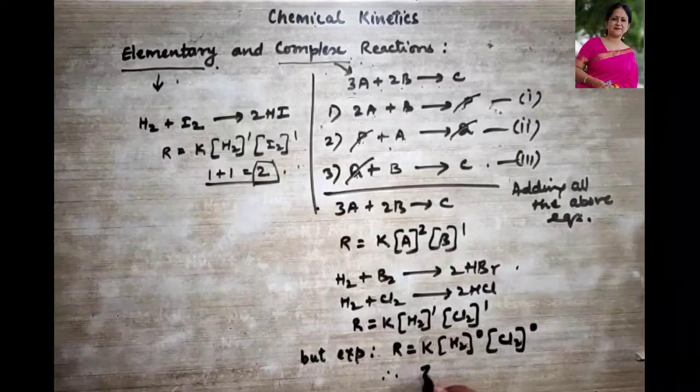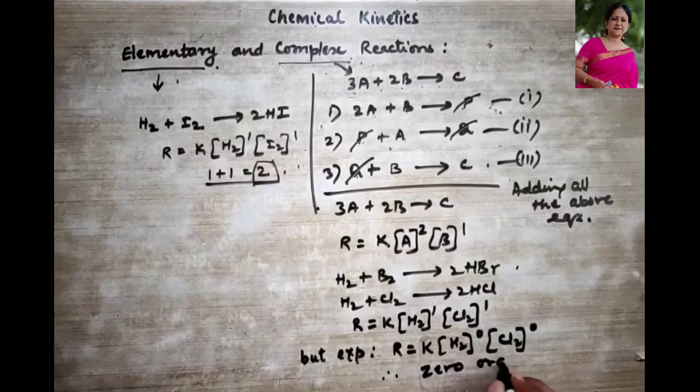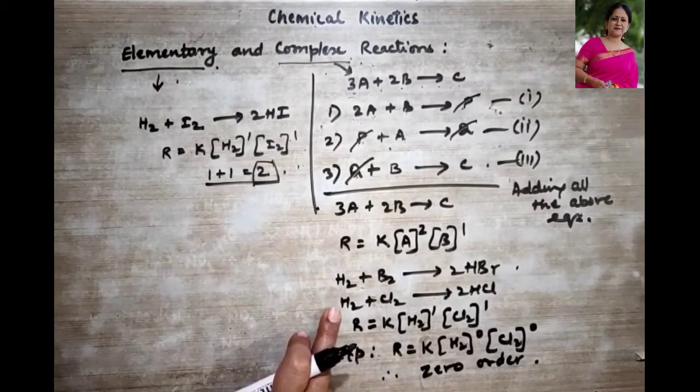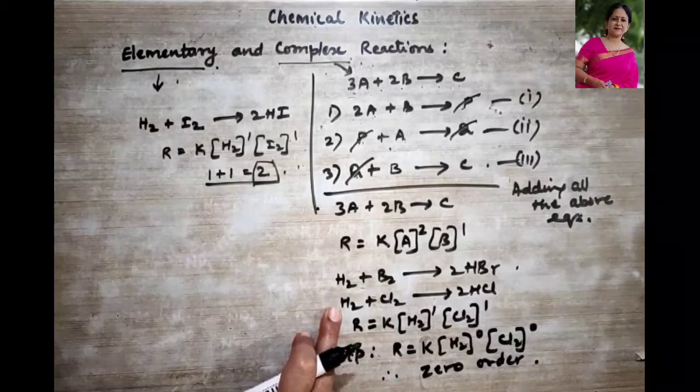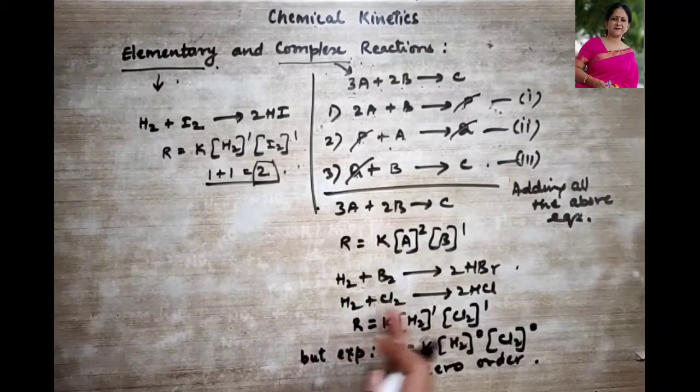Therefore we say that it belongs to 0 order, which is not at all equal to the stoichiometric coefficients given in the reaction. I hope this much is very clear to you.